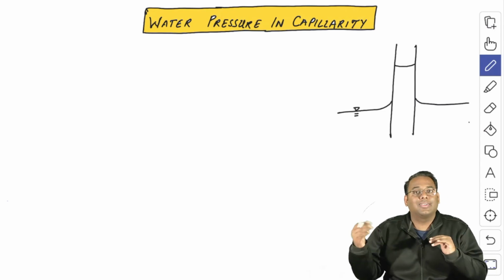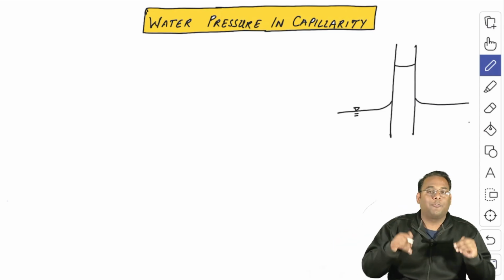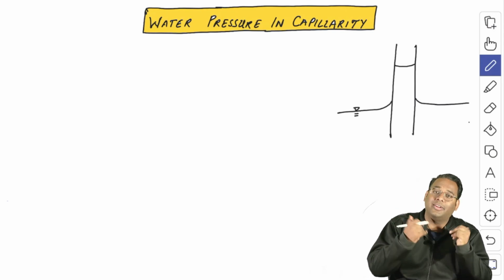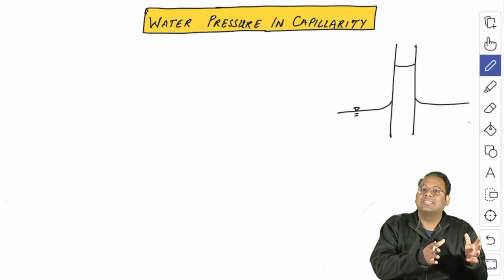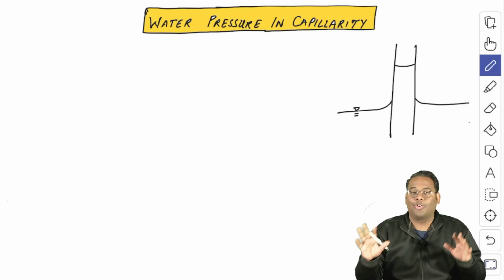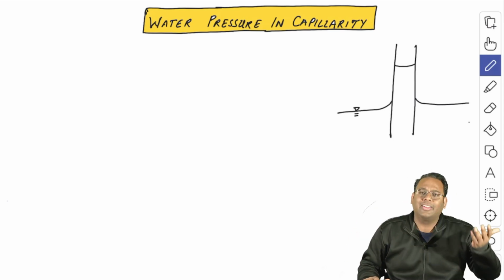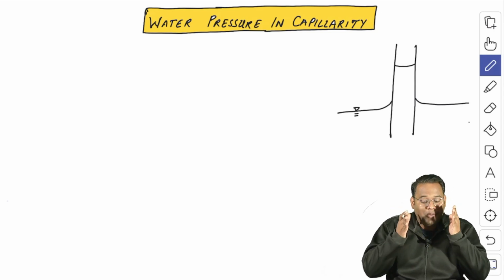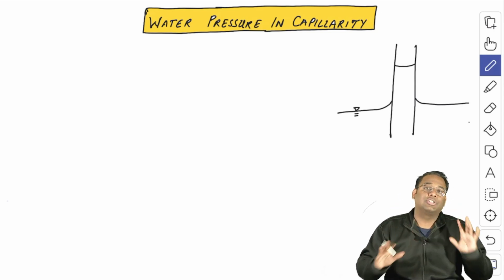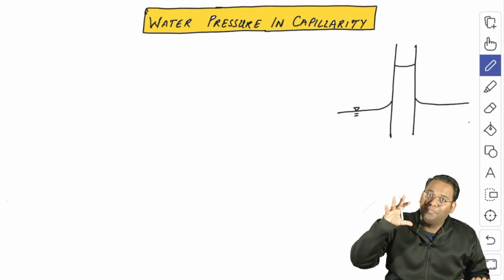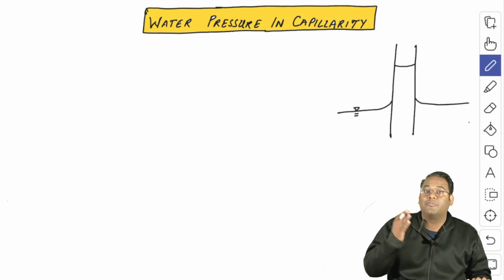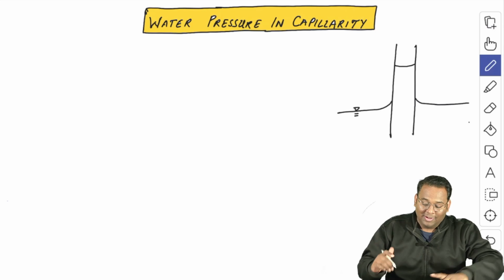In soil it is termed pore water pressure, but for now I am going to make you understand it in the capillarity tube, and the same concept will then be applied to the soil in our later lectures. But for your basic understanding, please focus on this lecture, because it is the basic lecture on how pore water pressure varies in the capillarity zone.